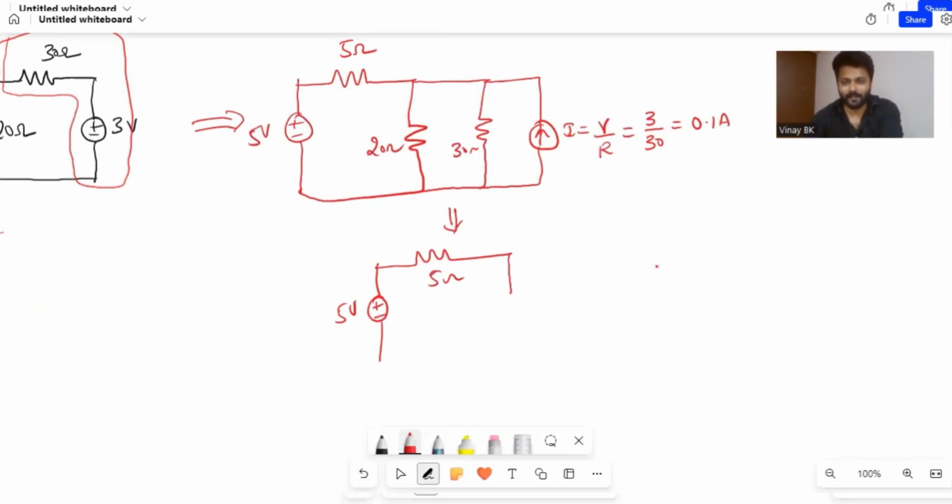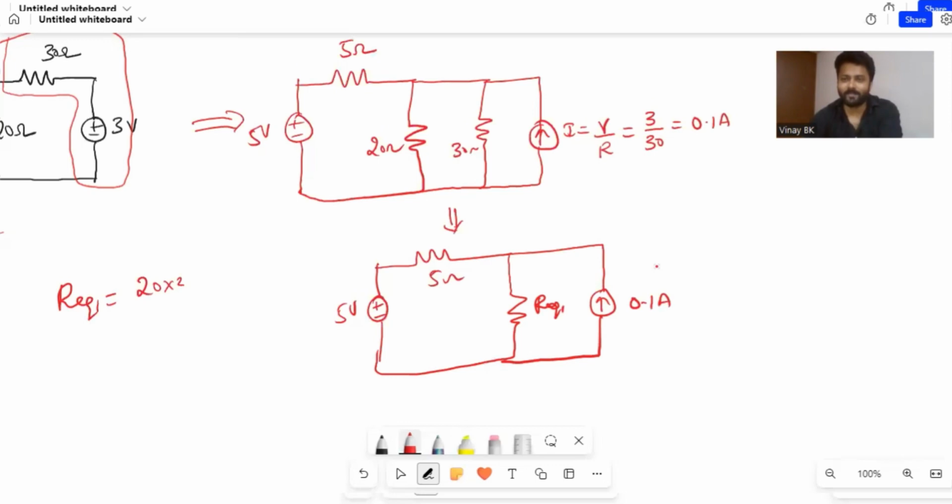Now you reduce this and get some equivalent value of resistor, say R equivalent 1, along with the current source of 0.1 amperes. How do we write R equivalent 1? That is 20 into 30 divided by 20 plus 30.